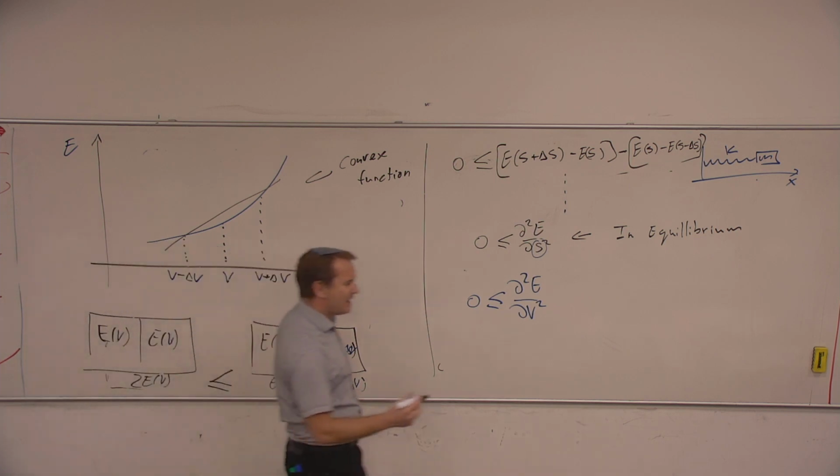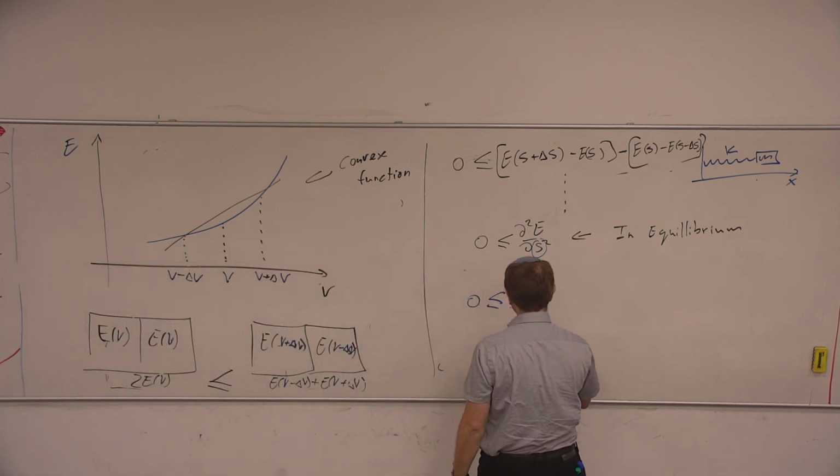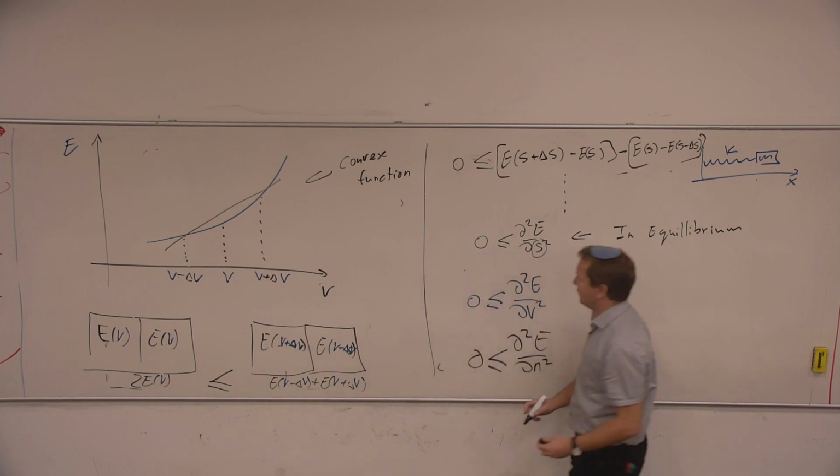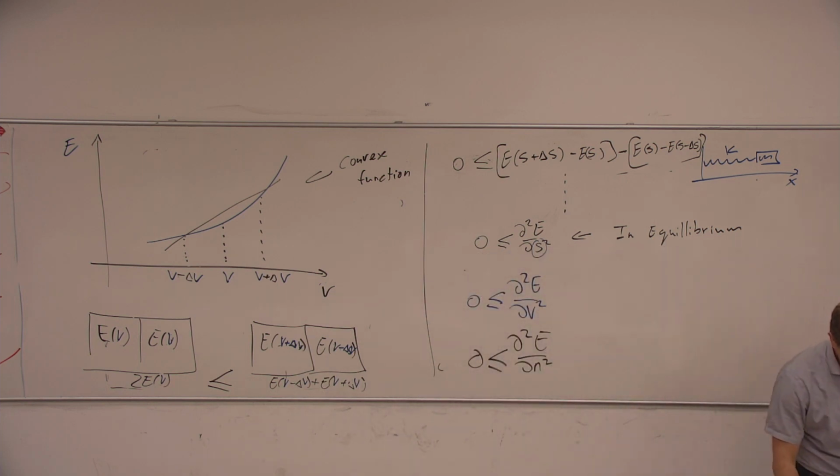So if I had N, I would obtain d²E/dN² greater than 0. As long as my variable is extensive, I can always perform this trick.